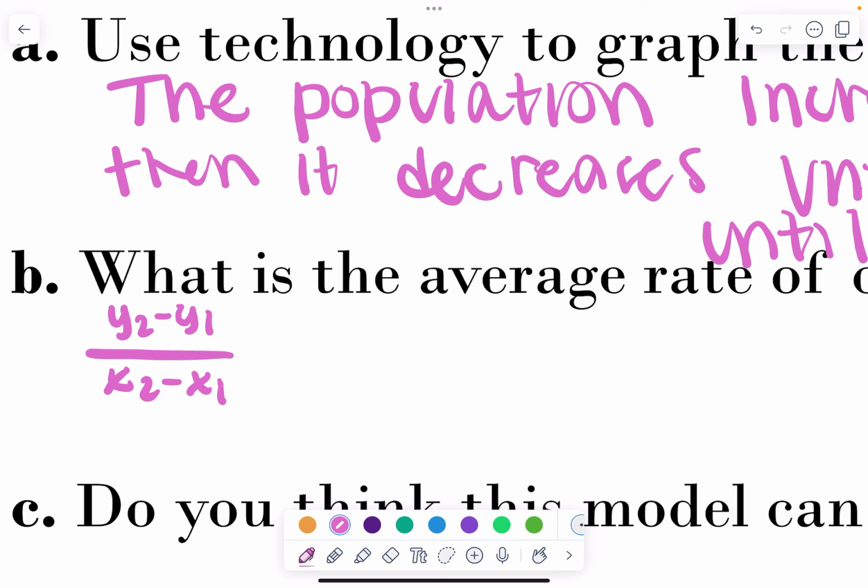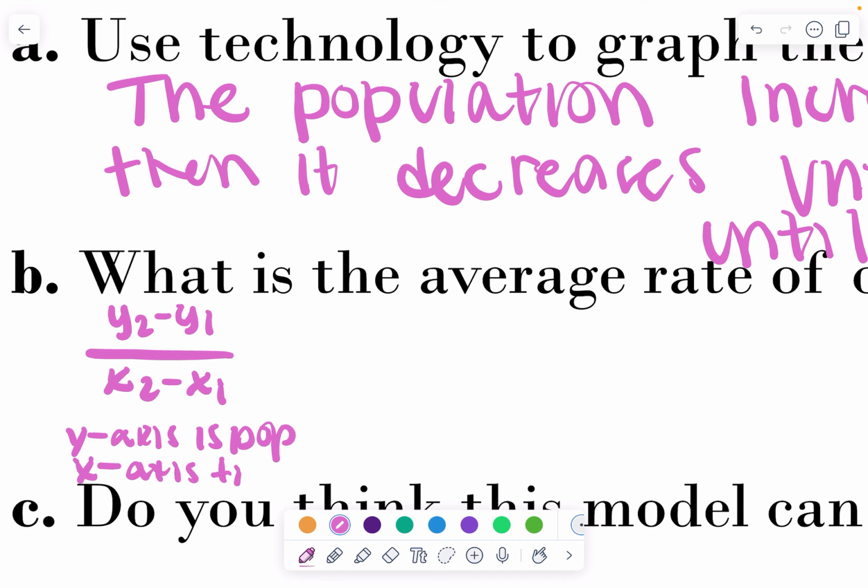And you're asking, well, how are we going to find our y values? Well, it's easy, because we're saying it's the year from 2001 to 2018. That is our x value. If we're talking about just plain old years, we're just doing 18 to the first year, because that's 2001, and then we're going to plug in our years to find population, because our y-axis is population and our x-axis is time.